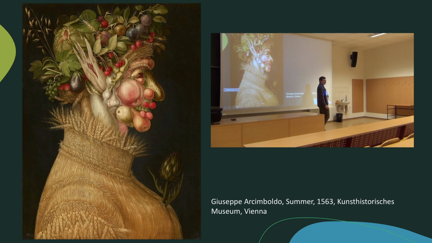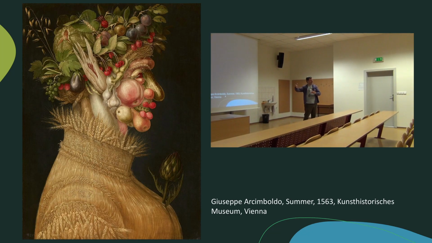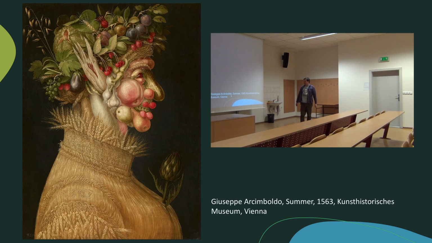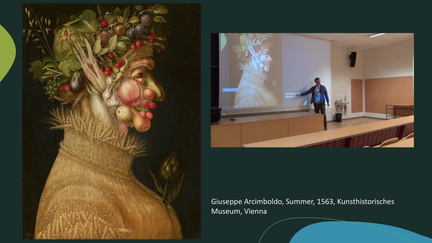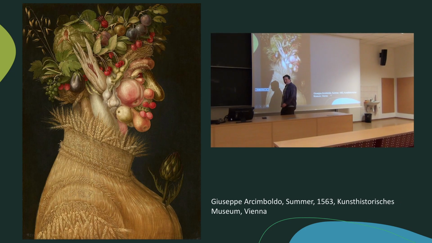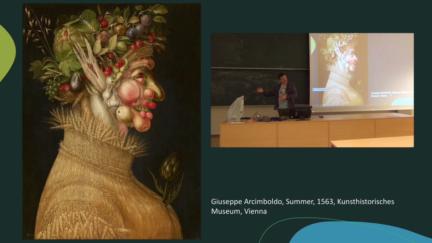But you wouldn't see a man on the street looking like this, right? It's impossible even. By the way, again, for seeing some paintings of Arcimboldo, you don't have to go far, just to Vienna. So this guy had a lot of these paintings.